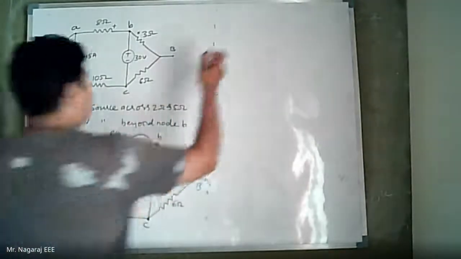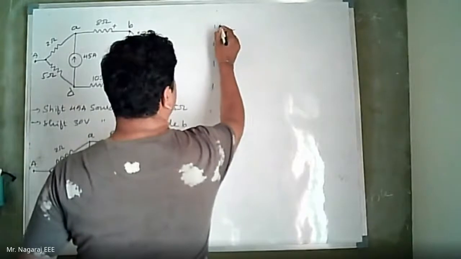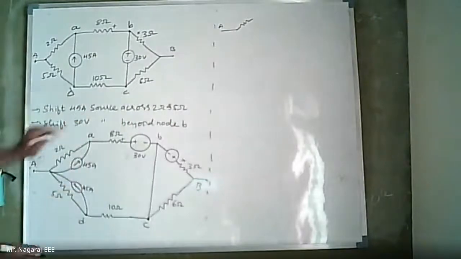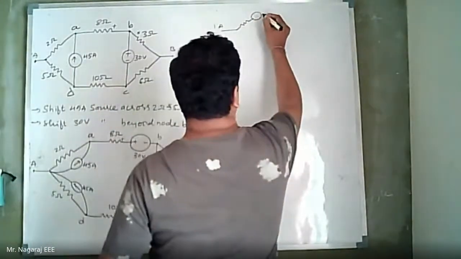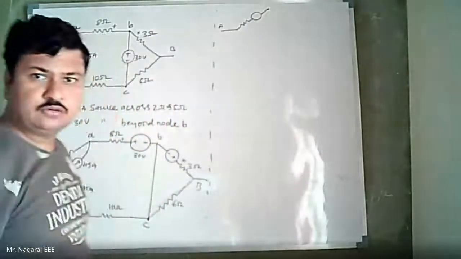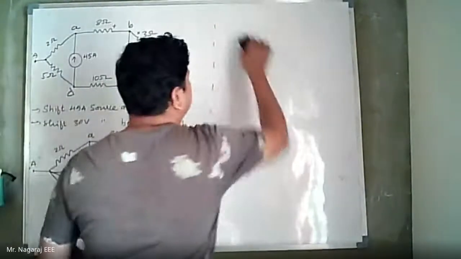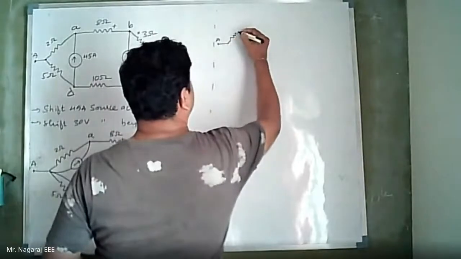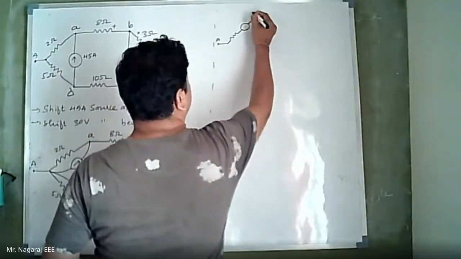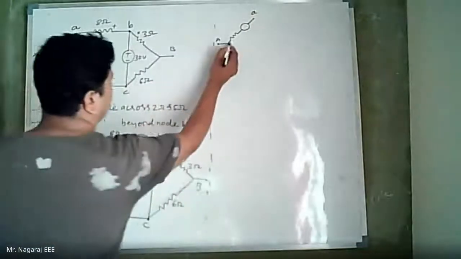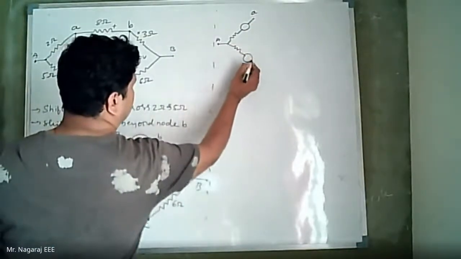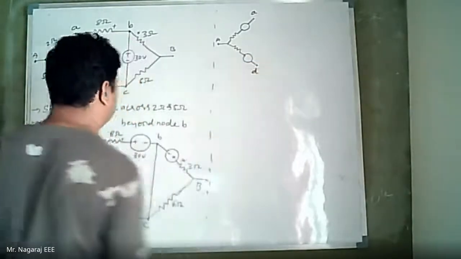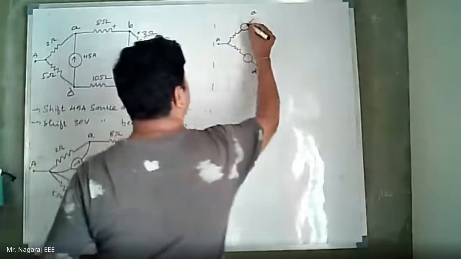Now 2 ohm 45 amps, it will be a voltage source. This is terminal A. Now direction of 45 amps is towards node A, so the direction of voltage source will also be towards node A. This is node A. Okay, down here, this is node D. Now let this be V1.